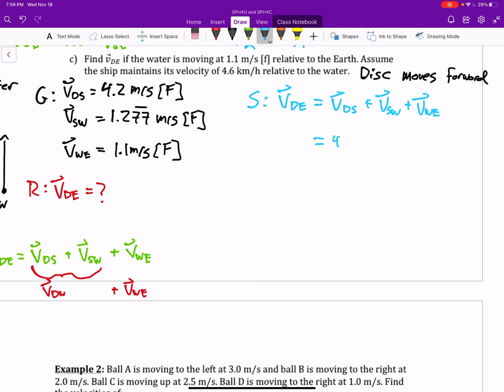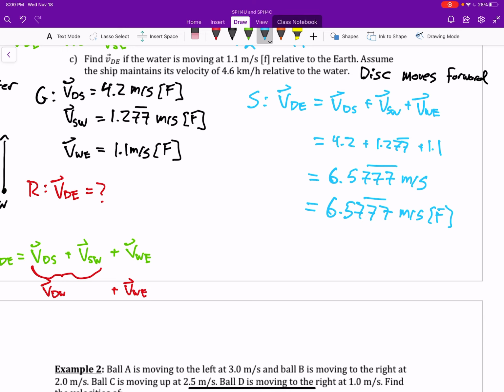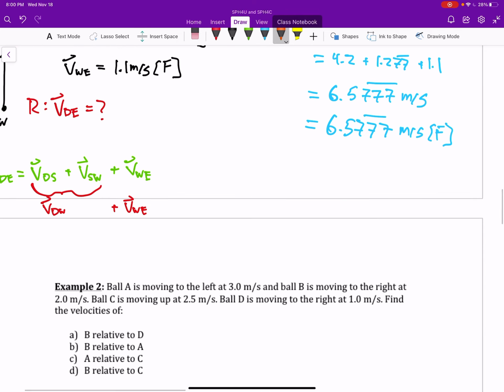Plug in these values, 4.2 plus 1.277 repeating plus 1.1. That gives 6.5777 repeating meters per second, positive, forward.